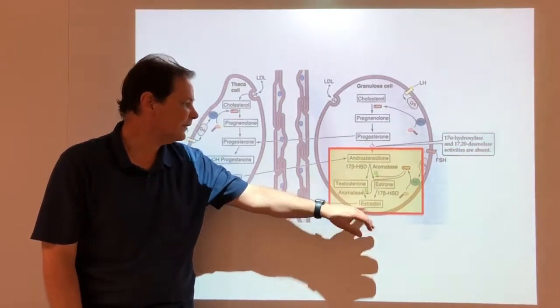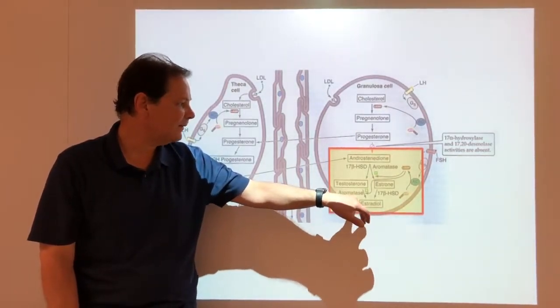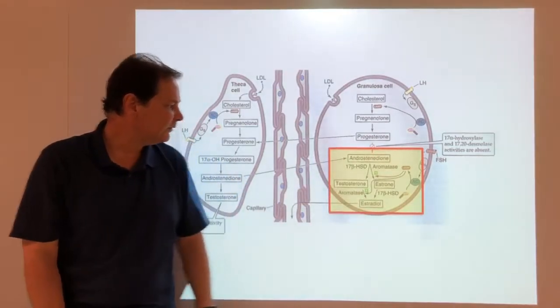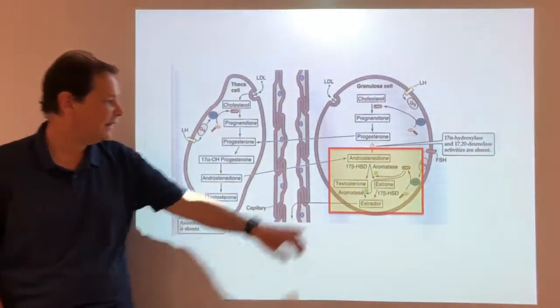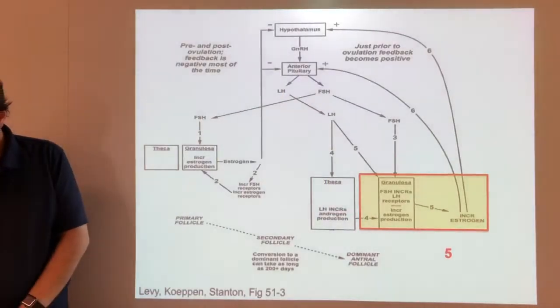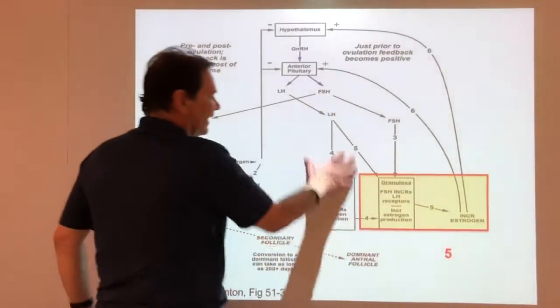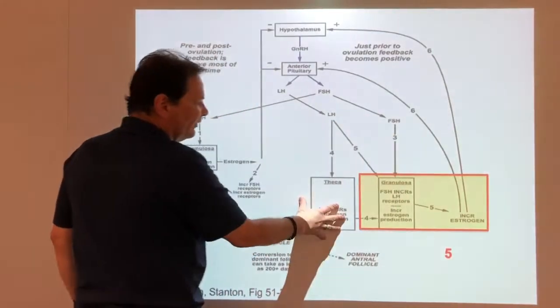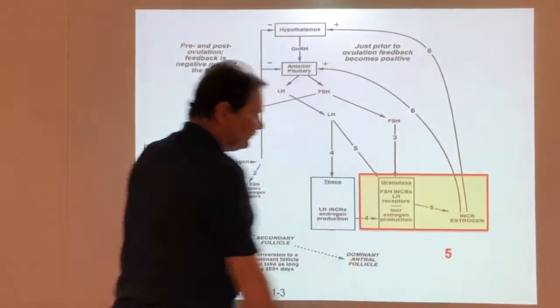the follicular cells. And remember, aromatase is prime here, converting testosterone to estradiol, and FSH, this is how it acts to increase estradiol. So we have FSH and LH acting on granulosa and theca to produce more estrogen.